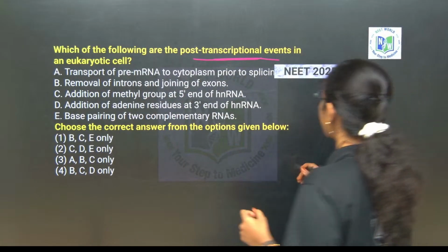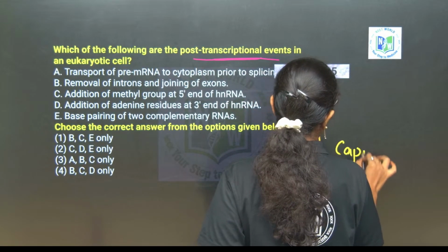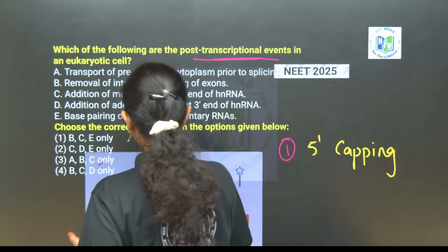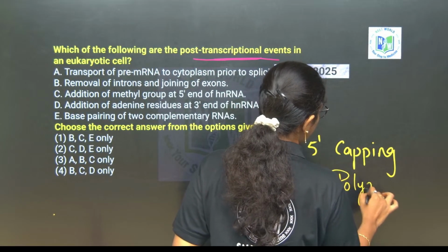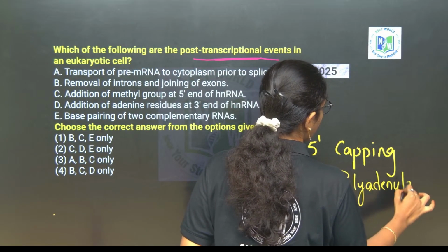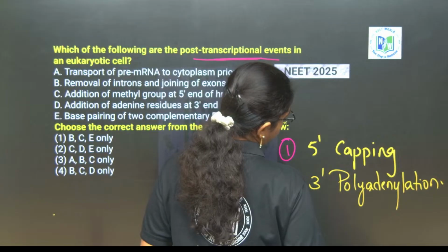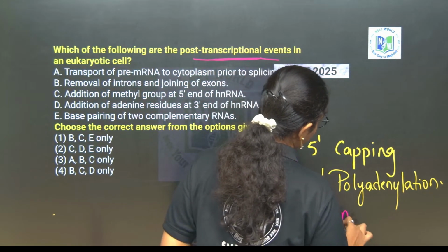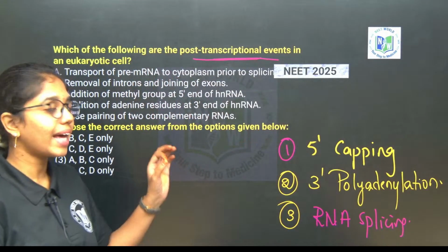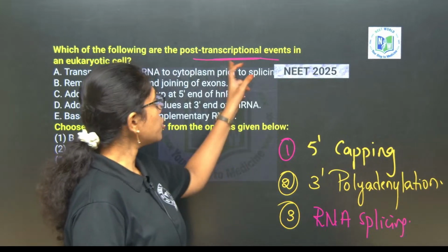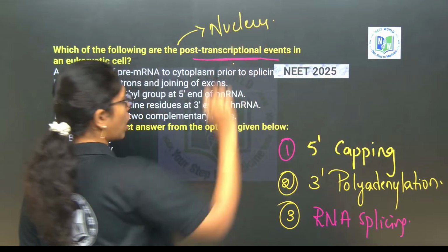There are 3: one is 5' capping, 3' polyadenylation, and third is RNA splicing. These are the 3 post-transcriptional events that happen in a eukaryotic cell. They occur inside the nucleus itself.